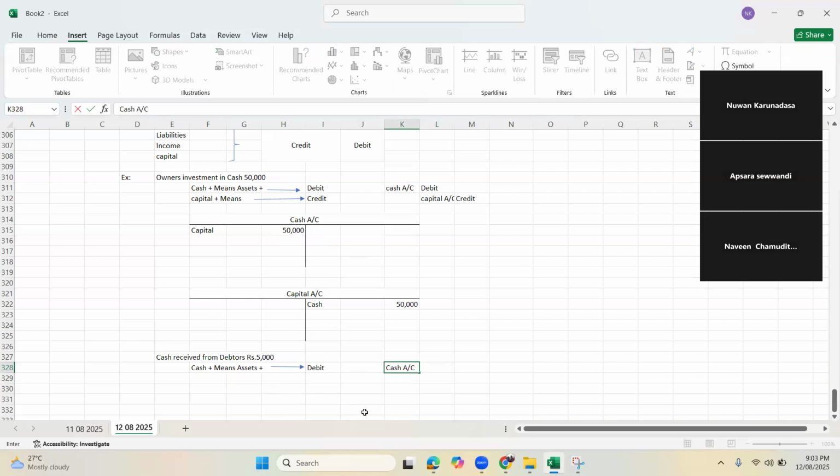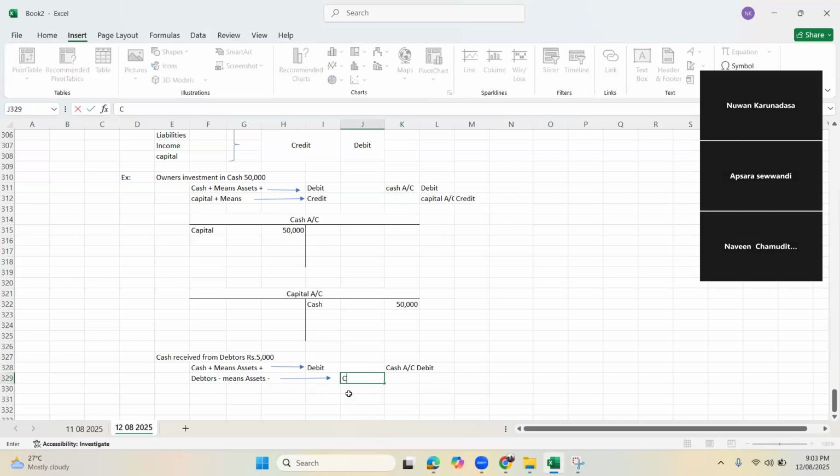What is the other impact? Now think. Debtors account credit. Very good. Debtors come down means assets come down. Asset coming down is credit.